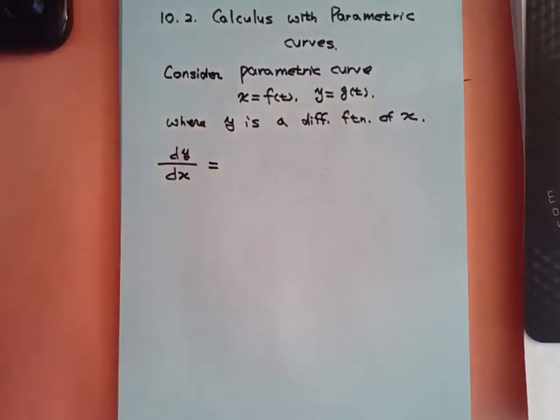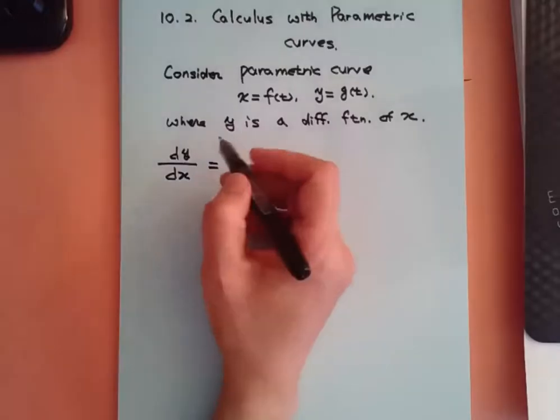This is a parametric curve. So the x coordinate is defined with f of t and the y coordinate is defined as g of t. The actual variable is t.